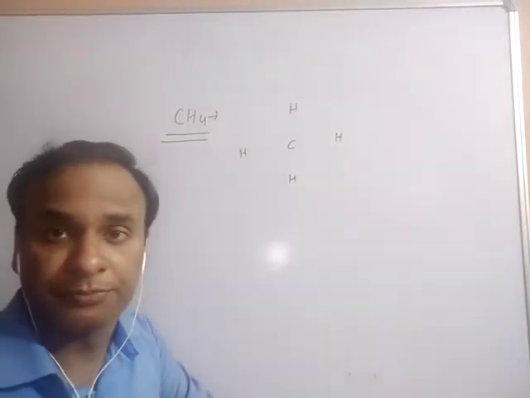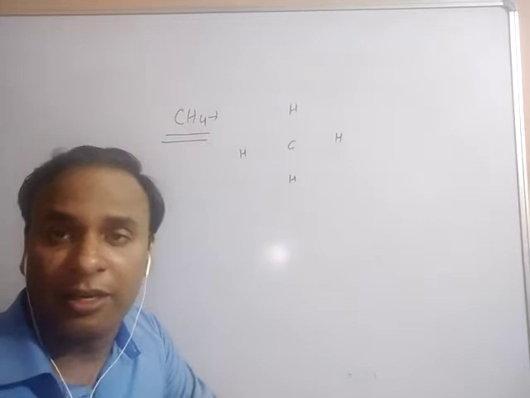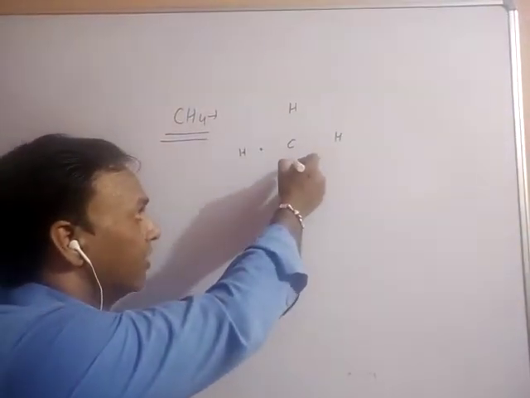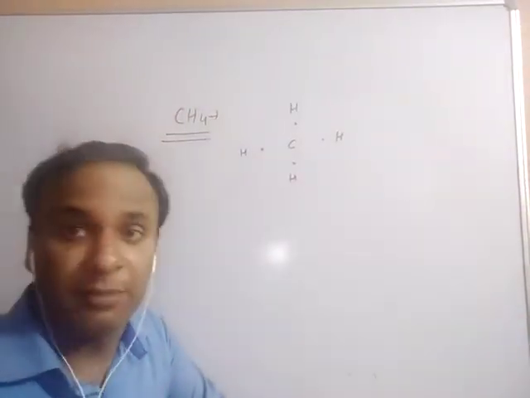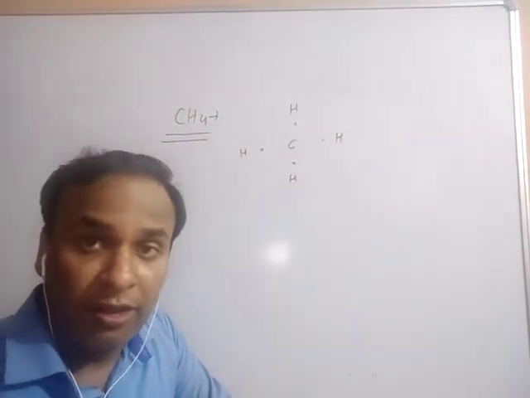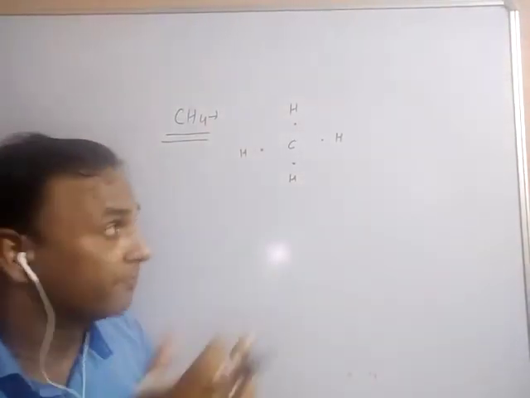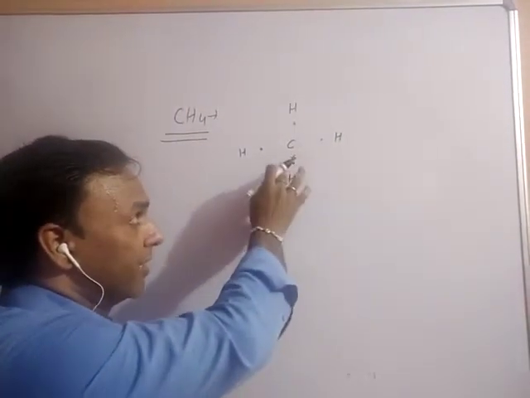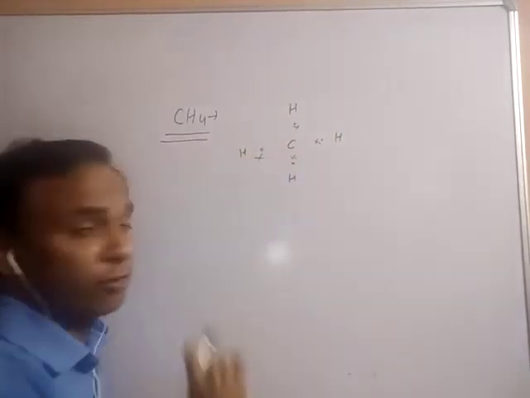Carbon has 4 electrons and hydrogen has 1 electron in its outermost shell. So hydrogen shares only 1 electron. The electron of hydrogen is represented by a dot, while the electrons of carbon are shown by a cross, and carbon has 4 electrons. 1 is shared with this hydrogen, 1 with this, 1 with this and 1 with this.